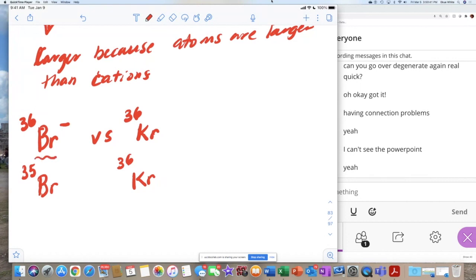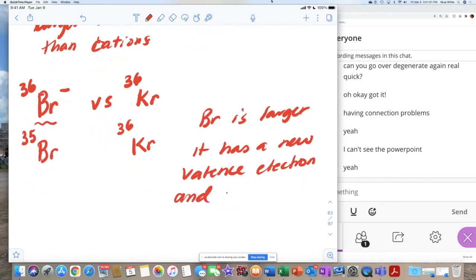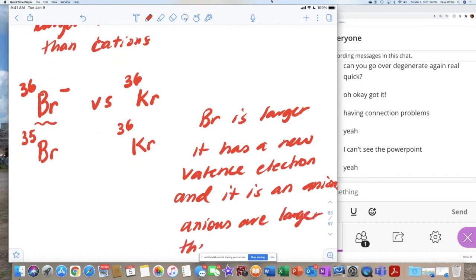So what makes Br minus larger? It's larger because technically it has a new valence electron, and it is an anion. So you can go by that rule that anions are larger than neutral atoms.